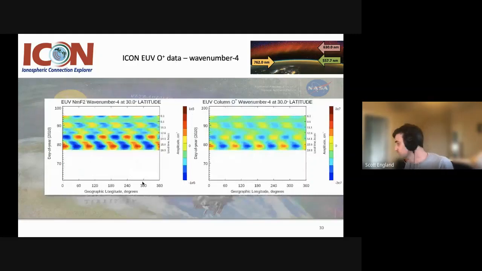Well, I can go measure the O+ and look for its wavefall patterns as well. This is with a different instrument. It sees a slightly different location, so the days of year are a little different. But I can look at either the peak density, NmF2, or I can look at the whole column of O+ that we're measuring. With both of these, again, increasing local time runs downwards.